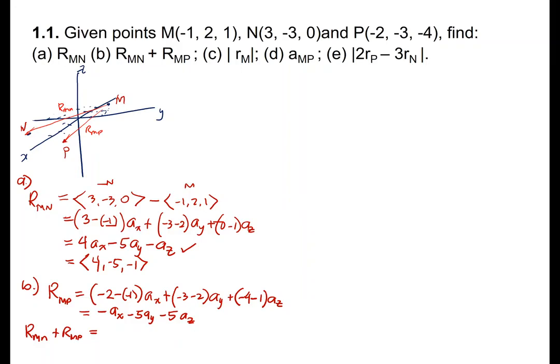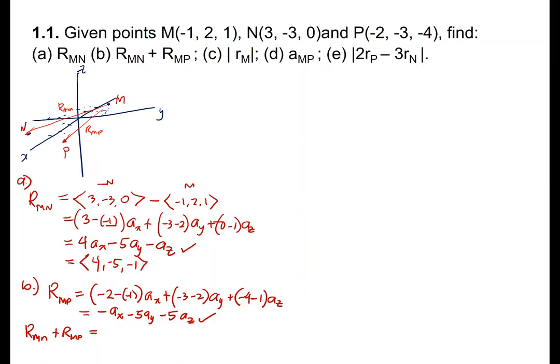We just add all the common similar terms, no? If it is in terms of AX, you just add the AX. In terms of AY, you just add the AY. So very simple. Given this RMN and the RMP, you just add all the values there.